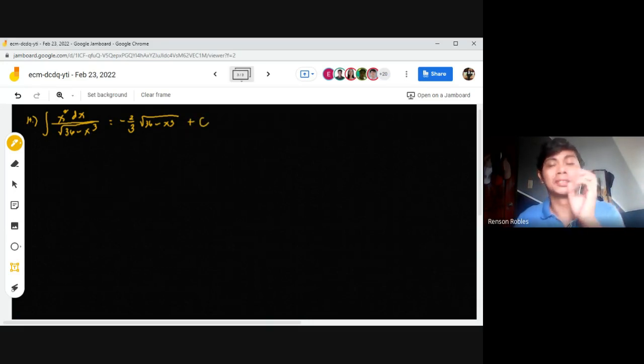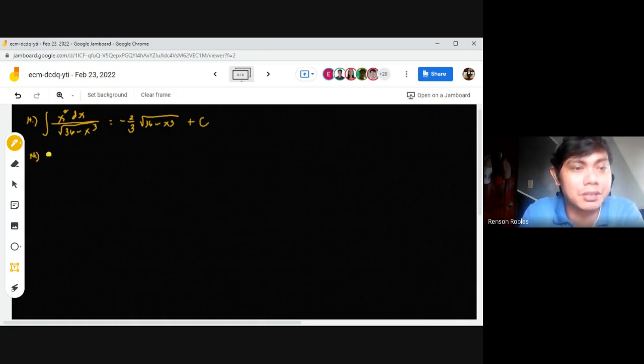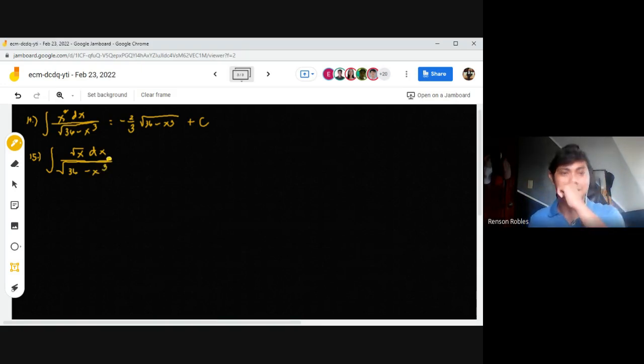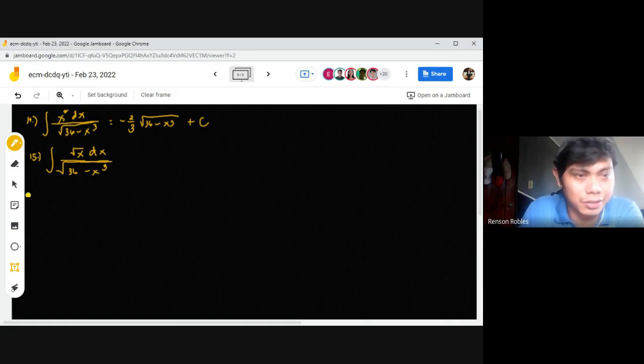Okay? So, sir, kailan siya magiging inverse trigo? Kapag ganito yung form. Number 15. Integral of square root of x dx all over square root of 36 minus x cubed. Yan. So you look at here.